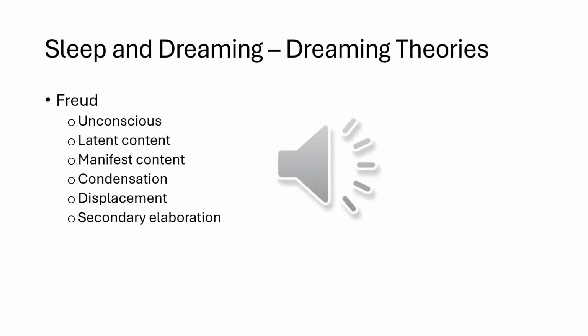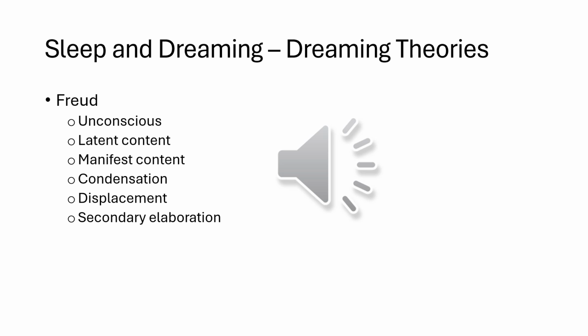The final end of the course is looking at Freud, so looking at the different key terms of Freud's theory. We have an unconscious, which is where our repressed thoughts go and where our dreams come from. In terms of being able to break down the meaning of a dream, we need to look at the latent content. So the latent content is the meaning, that's what we're trying to find, and to do that we have to break down the manifest content, which is the story of the dream.